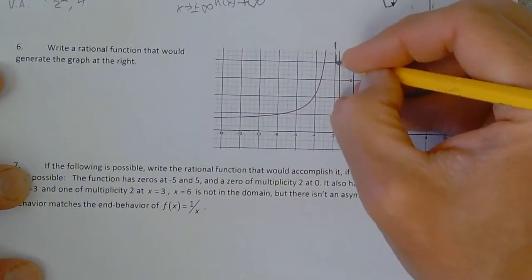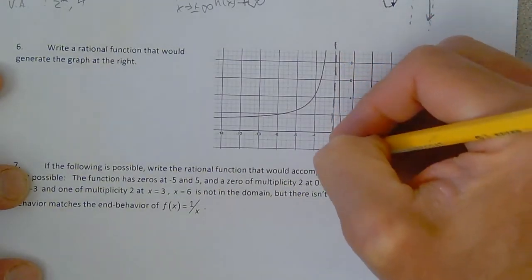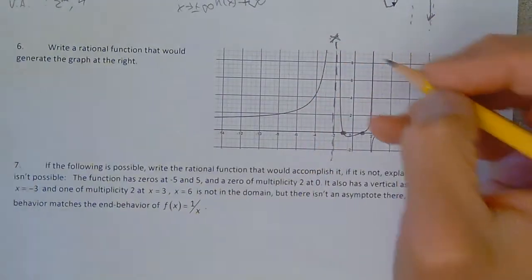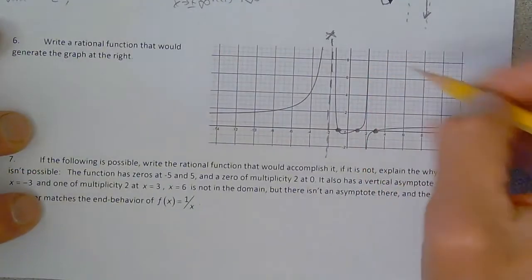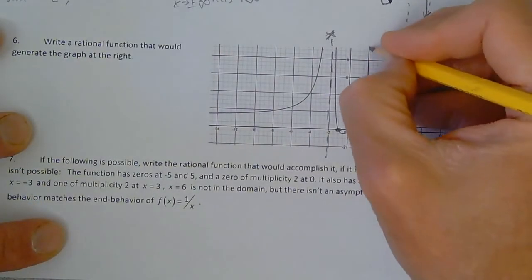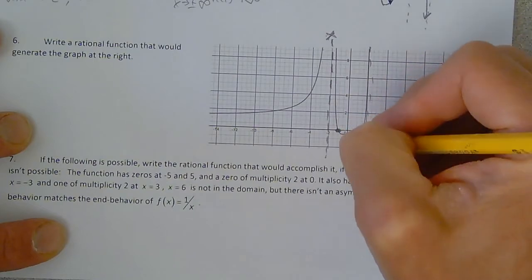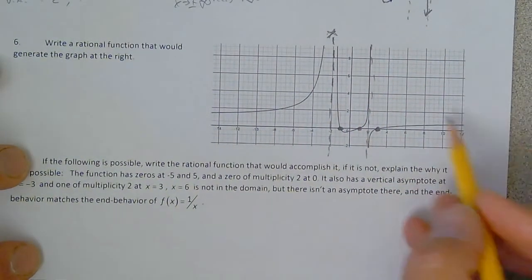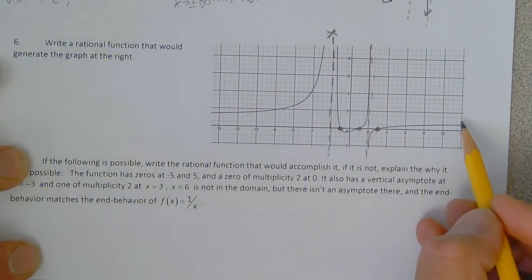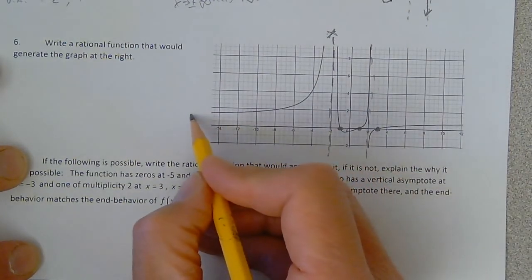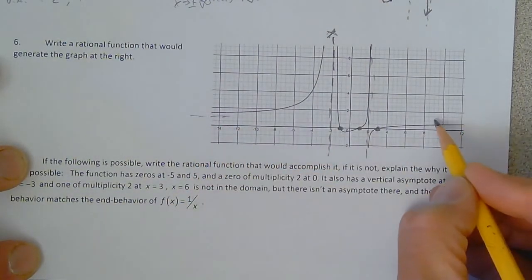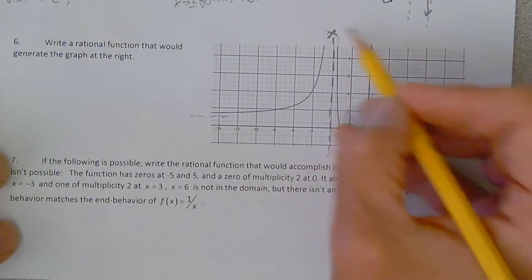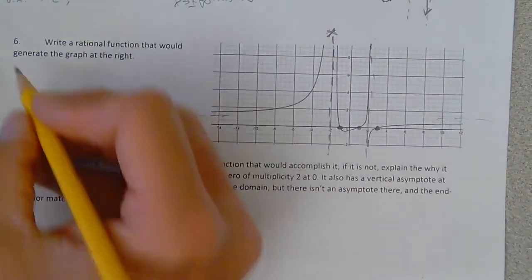It looks like I have a vertical asymptote here at -2, but it's high on both sides, so that means it's a double. This vertical asymptote at +2 is just a regular one, and it looks like I've got a horizontal asymptote at about 1. Okay. So 3 zeros, 1, 2, 3 on the vertical asymptotes.